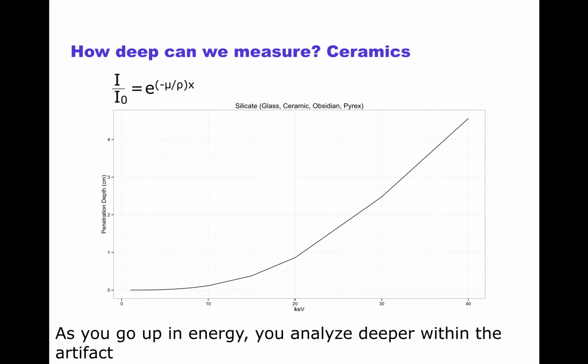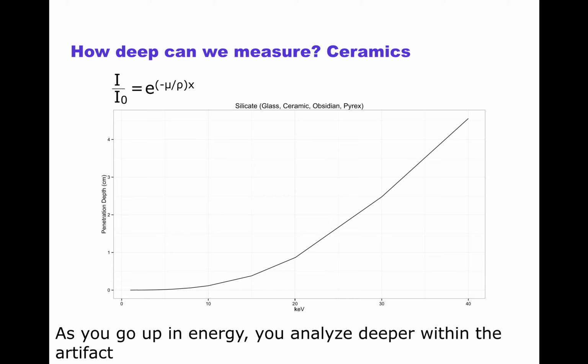Lead, which fluoresces at 10.5 keV, we would measure maybe a fraction of a millimeter. Silver, which fluoresces near 20 keV, we could measure up to a centimeter deep in our sample. And barium, which fluoresces at 32 keV, well, in this case, we could be measuring 3 to 4 centimeters deep.